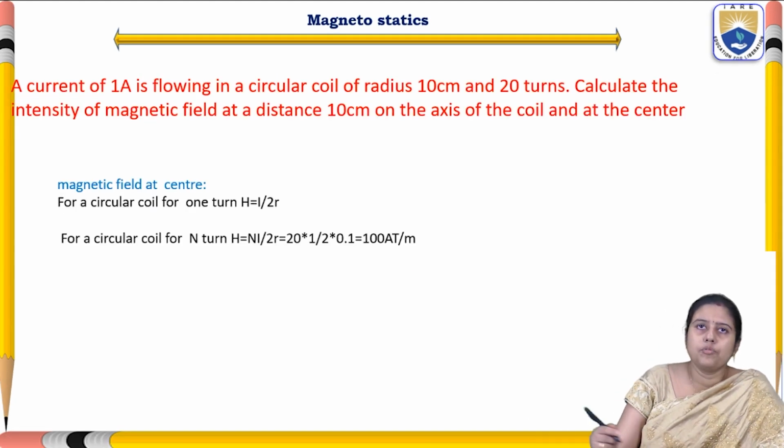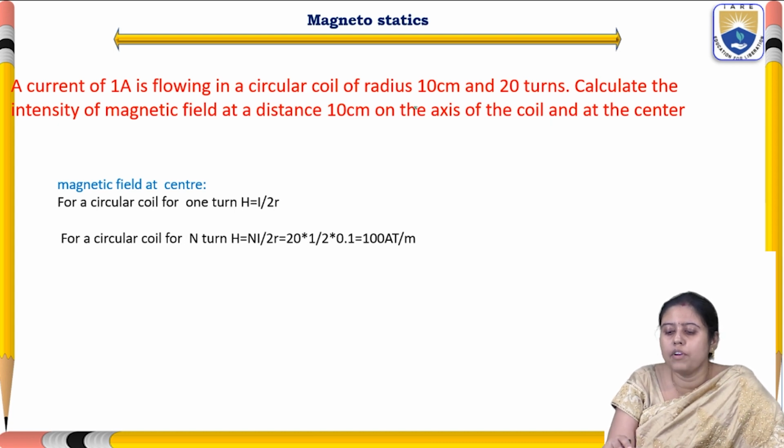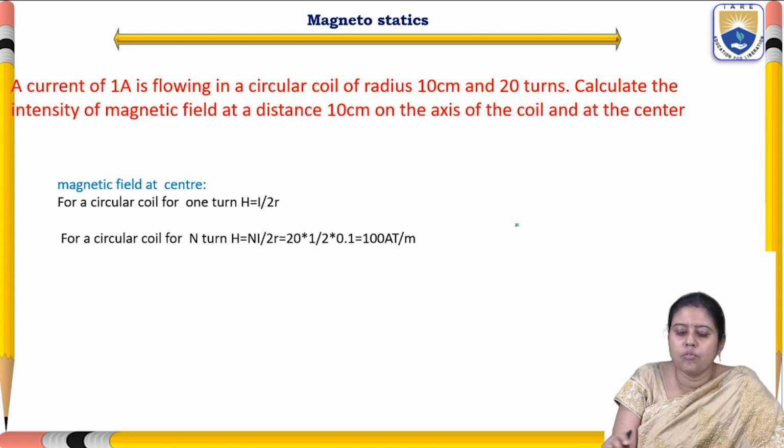There is one small problem. A current of 1 ampere is flowing in a circular coil of 10 centimeter radius and 20 turns. Calculate the field intensity at the center of the coil. We got that for one turn H is equal to I by 2R.